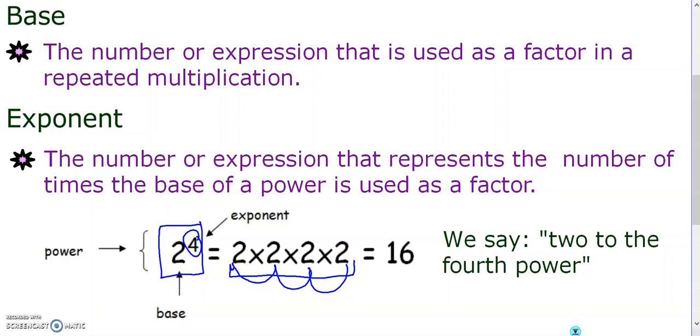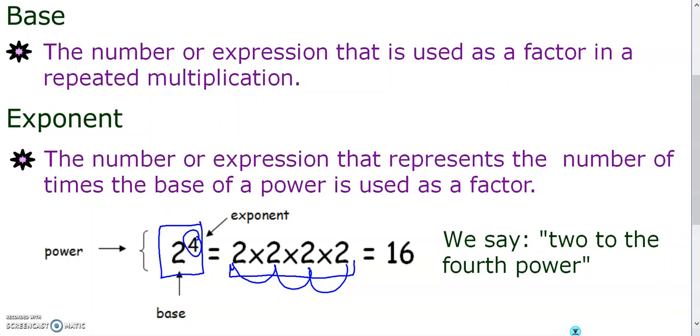I've written that 2 out 4 different times with multiplication symbols in between. That's my repeated multiplication. It's important to know that we're not saying it's 2 times 4. 2 times 4 would be 8, whereas in this case, 2 to the 4th power is 2 times 2 times 2 and 2 again, which gives you 16. You can verbally say the power as 2 to the 4th power, or you might say 2 to the power of 4.